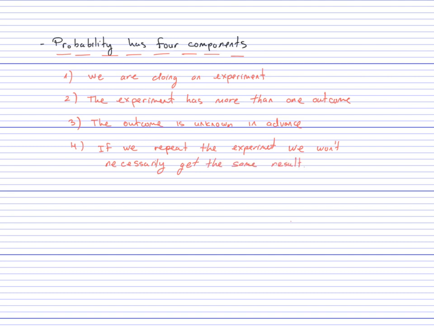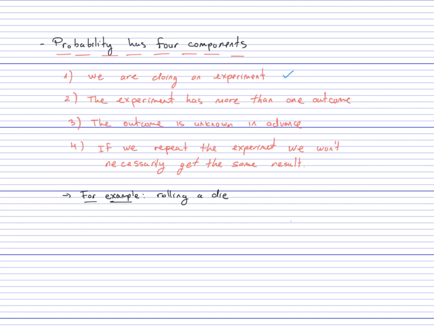Now I'd like to show you an example, a classic one: rolling a die. Let's see if those components hold. First, we are doing an experiment. Yes, rolling a die is an experiment, so the first one is correct. Next, the experiment has more than one outcome. What are the different outcomes of rolling a die?